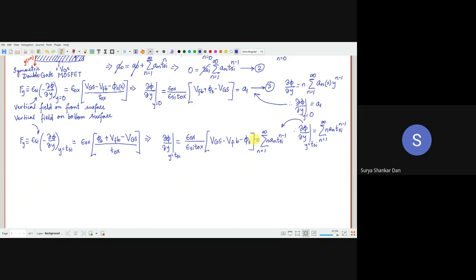So what is interesting is, look at number 3 and look at number, let us say, 4. What we understand is, the left hand side of 3 is VFB plus phi s minus VGS. The left hand side of 4 is the same except the negative sign.